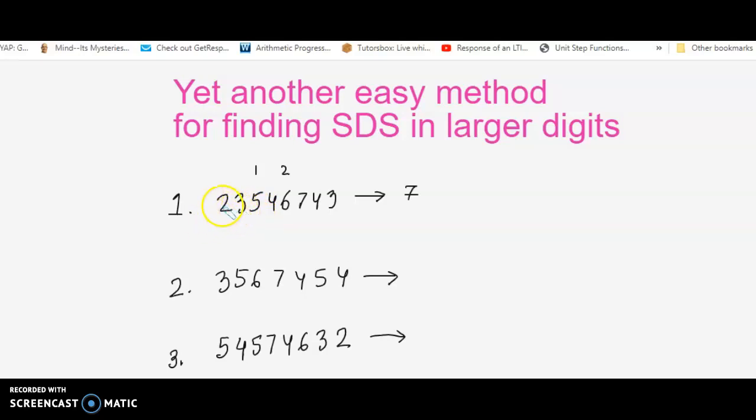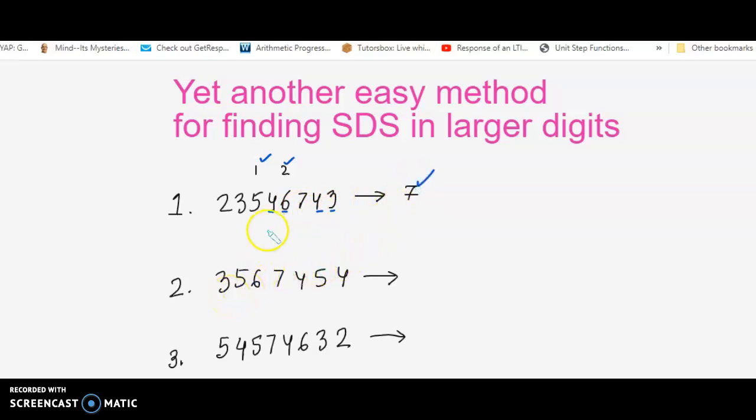So 10 minus 9 is 1. Now 1 plus 4 is 5, and 6 is 11. Now 11 is more than 9, so subtract 9, you get 2. And 2 plus 7 is 9, 9 minus 9 is 0. So you are left with 4 and 3, that is 7.